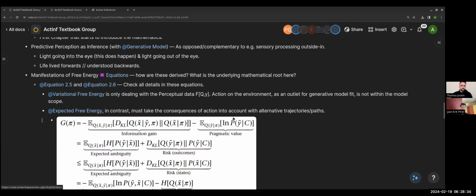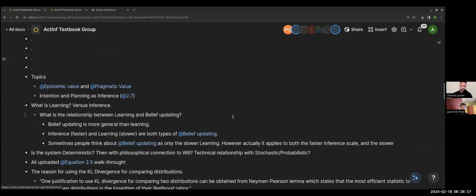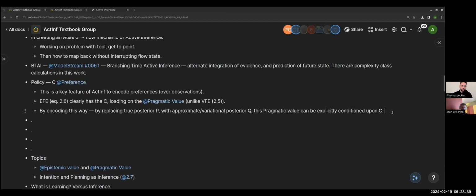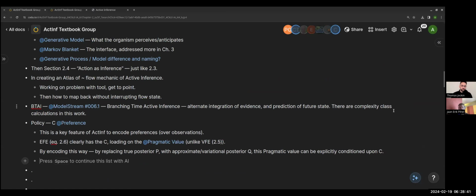Well, take for instance, if we're in a dark room, there's this famous problem, the dark room problem. The mapping between the hidden states and the observations would be entirely ambiguous.